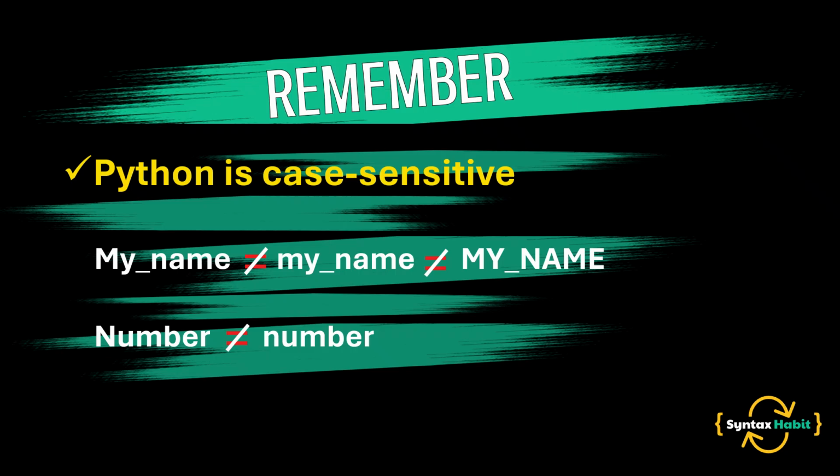When creating a variable, you should know that Python is case sensitive. This means that My_Name, where only the first letters are uppercase, my_name written entirely in lowercase, and MY_NAME written entirely in uppercase are all treated as different variables.